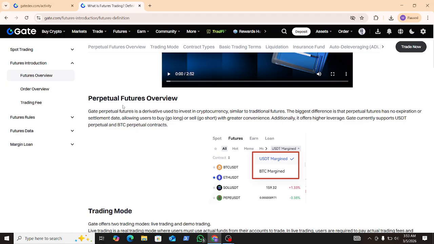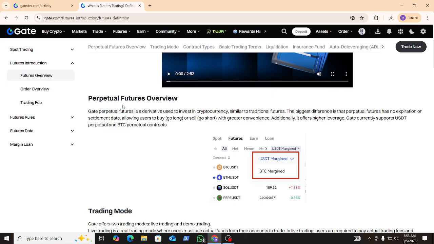A perpetual futures overview. Gate perpetual future is a derivative used to invest in cryptocurrency. Derivative means its value is derived from something else.